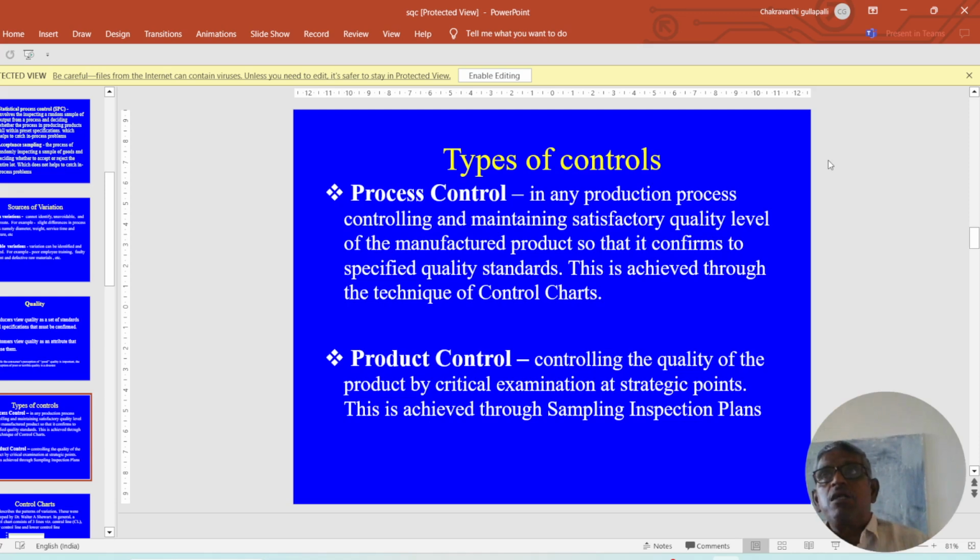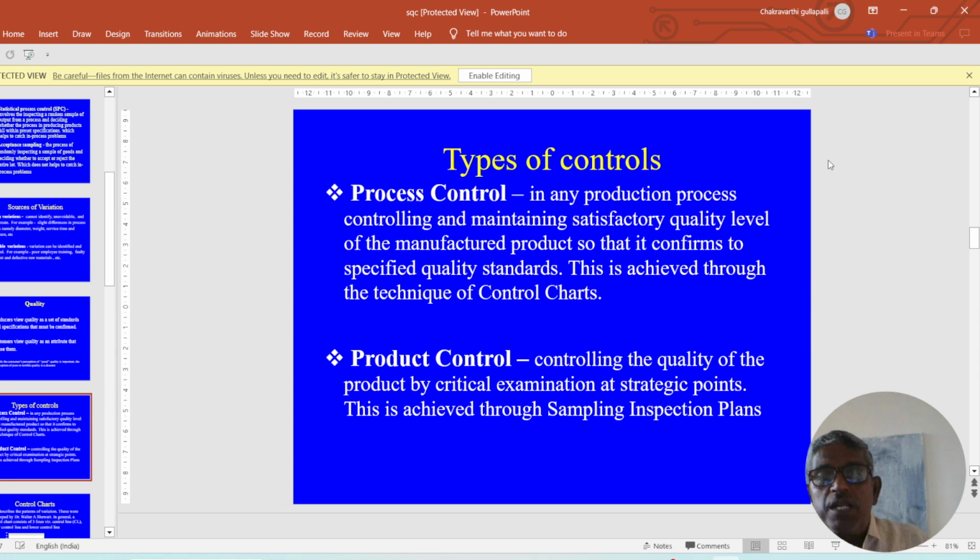Now, what are the types of controls? There are two types of controls in quality control: one is process control and the other is product control. In any production process, controlling and maintaining a satisfactory quality level of the manufactured product so that it conforms to specified quality standards is called process control.